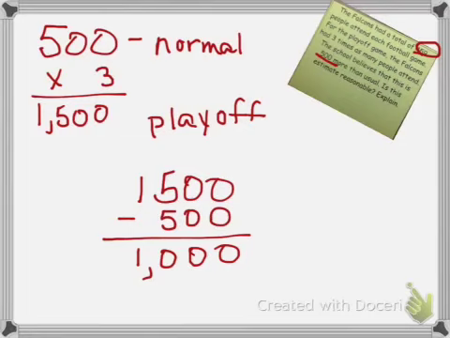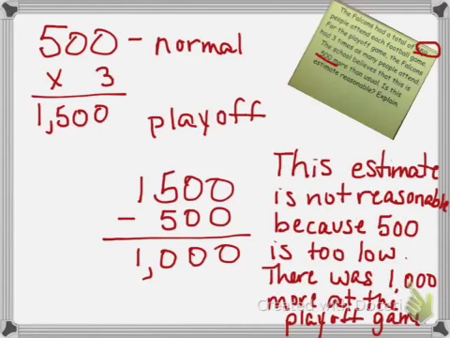Does that work? So the kids would tell you, no, this estimate is not reasonable because their estimate is too low compared to the actual estimate. So I've written out this estimate is not reasonable because 500 is too low. There is 1,000 more at the playoff game.